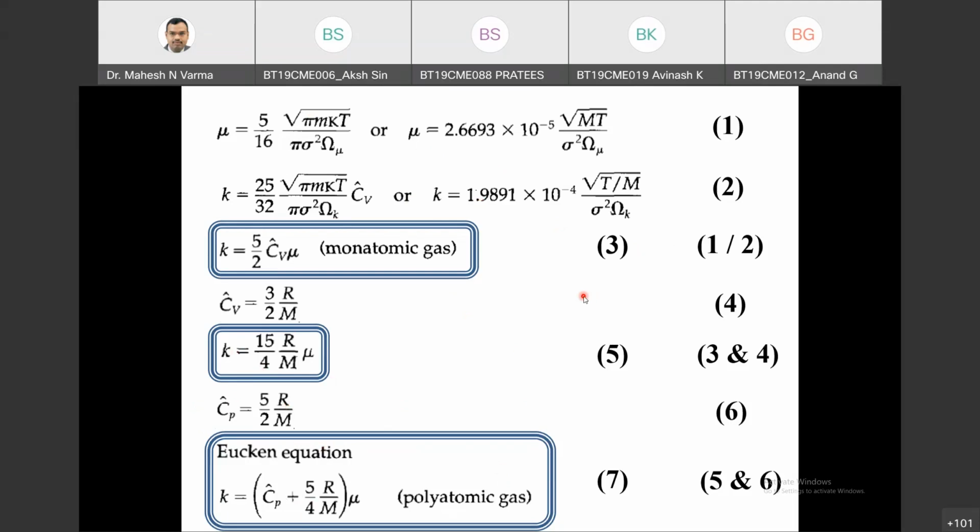We are not going into the details of the derivation of this equation, but you should remember the name of the equation. These are very important. At least you should know diffusivity also, but you can try on your own by solving problems.